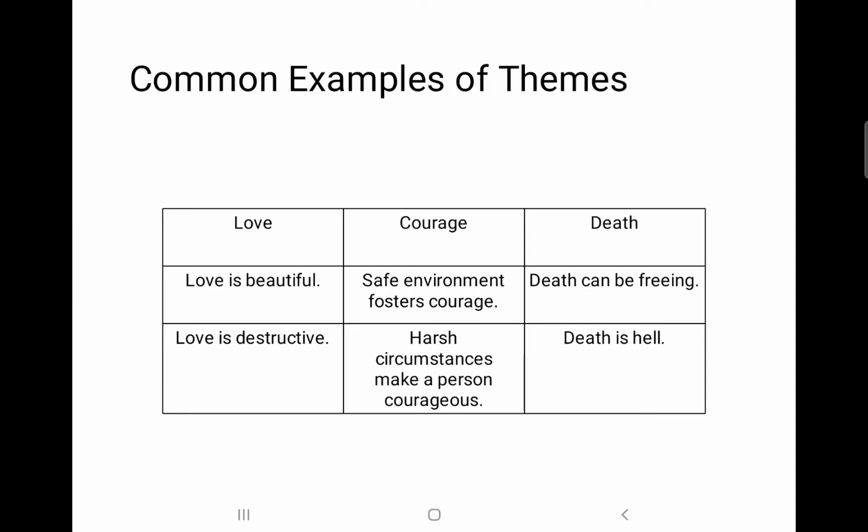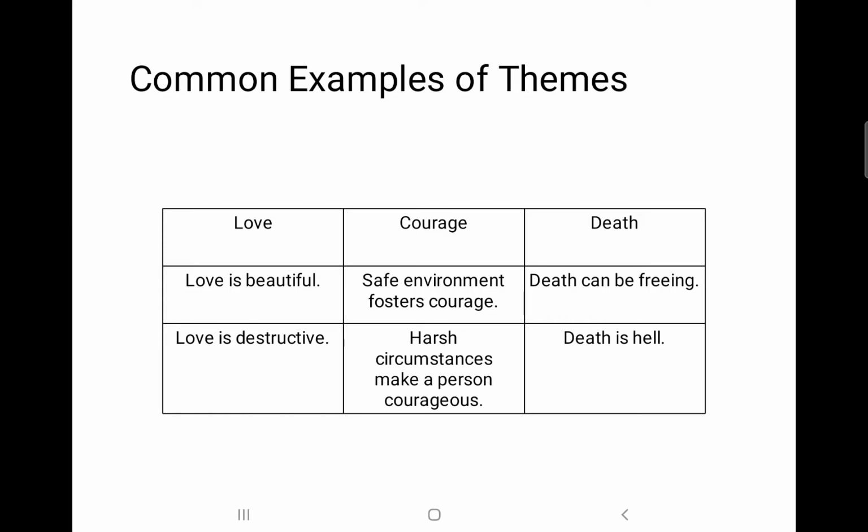Alright? So, it is possible that within one novel, within one literary work, there is a discussion of two conflicting definitions, two conflicting ideas regarding one theme. And it is important that you pinpoint at least one of those ideas.